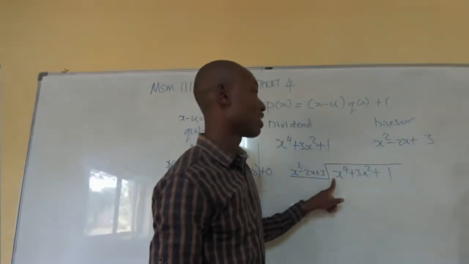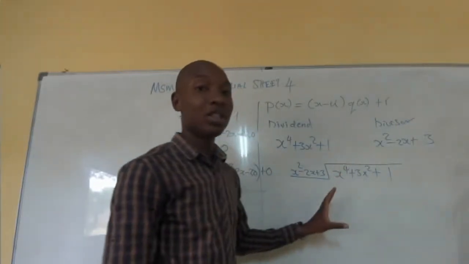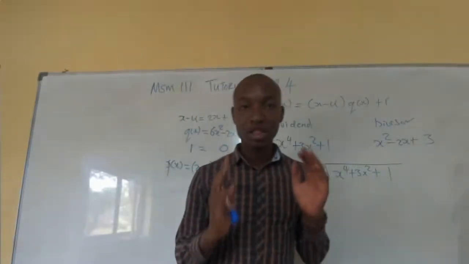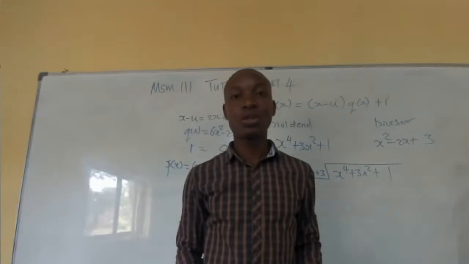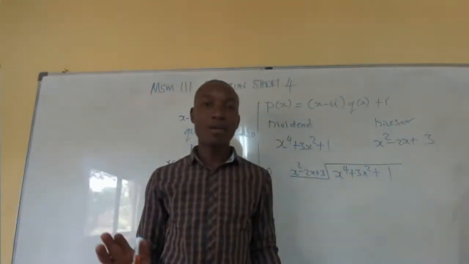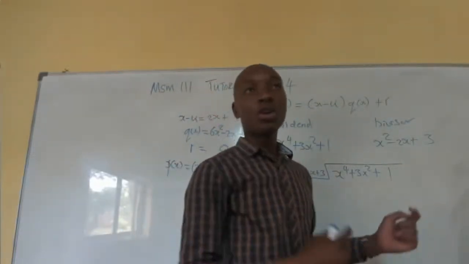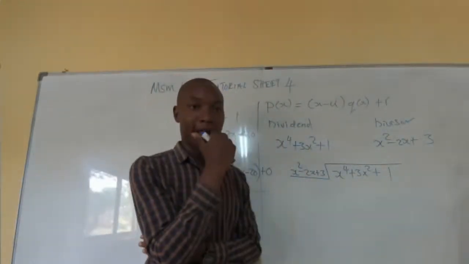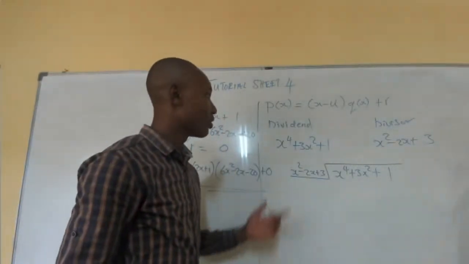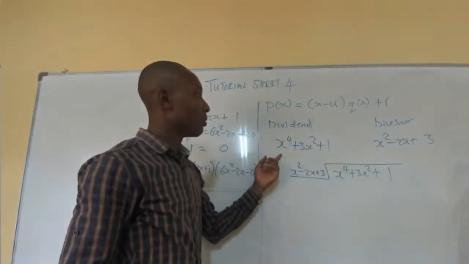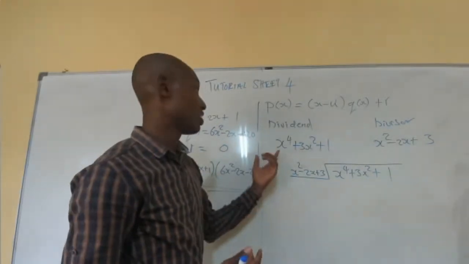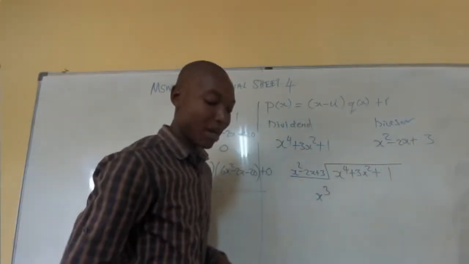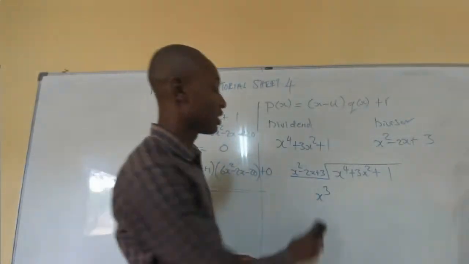It's not supposed to be x to the power 4 plus 3x squared. I know this is exactly what the question says, but in order for us to apply the general principle, we need to ensure that all the powered variables actually appear. In the question, the highest powered variable is x to the power 4. Someone will say this is a problem because they are used to seeing x to the power 3, but the principle is the same.